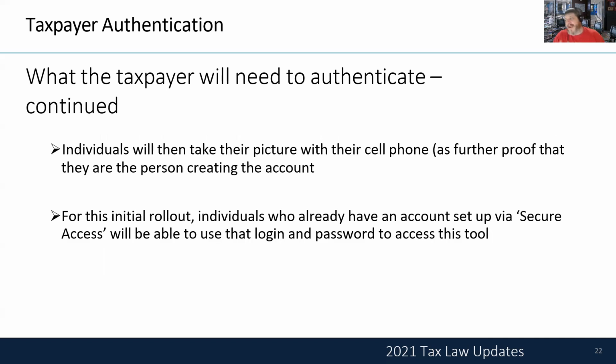Okay, so what happens is they will upload the copy of their driver's license or photo ID. Then they will take a selfie and upload that. And the software at ID.me will use facial recognition software to determine if the person in the picture on the ID matches the person in the picture that was uploaded, that they took the selfie, right?